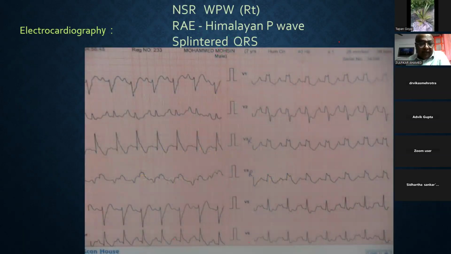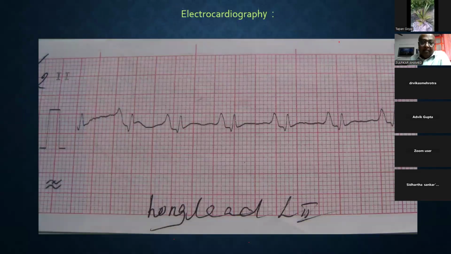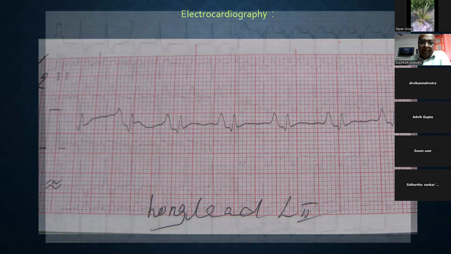And ECG is very characteristic, which shows a very tall P wave, prolonged PR interval, RBBB pattern with a splintered QRS, very classical. So a bizarre looking ECG in a cyanotic child with a very Himalayan P wave, very tall P wave exceeding the height of a QRS complex, which is called a Himalayan P wave.